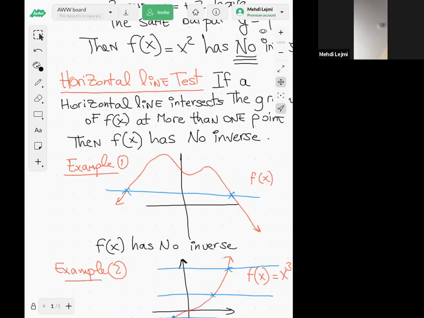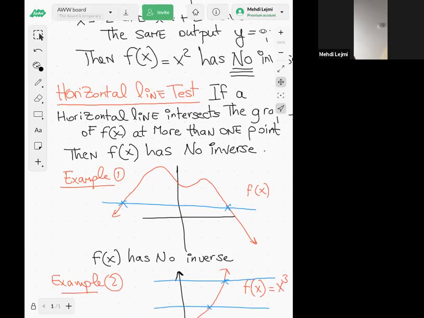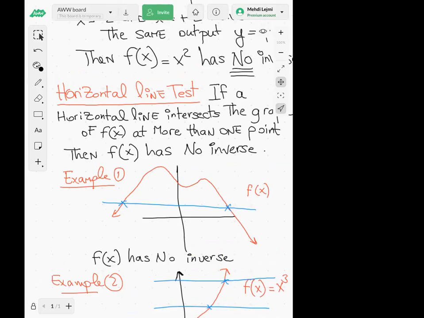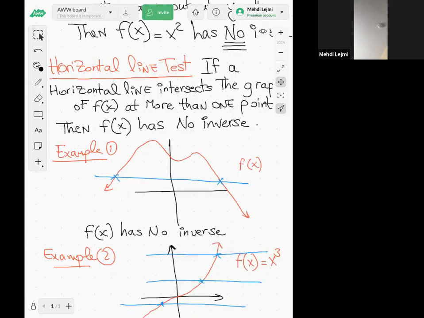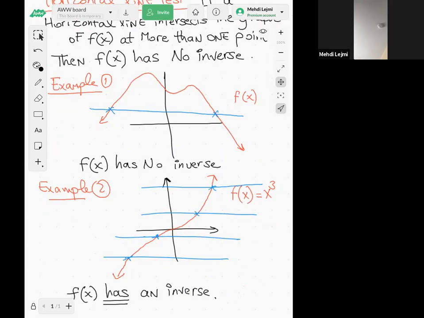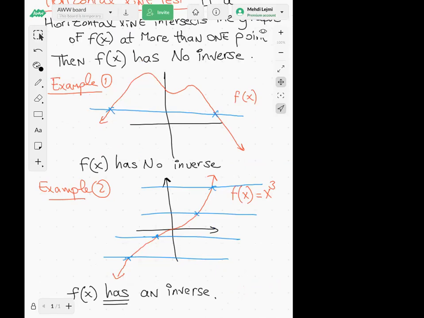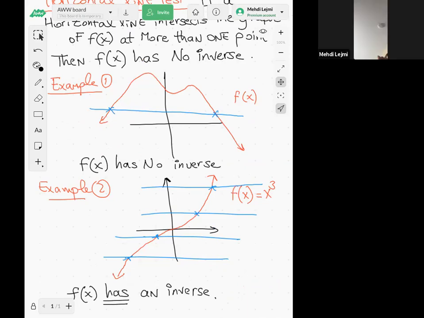If the highest power of x is even, then the function f has no inverse. But if the highest power of x is odd, like here x cubed, then yes, f has an inverse. So to answer your question again, all you have to do is check the highest power of x. If it's even, then f has no inverse. But if it's odd, then yes, it's going to have an inverse.